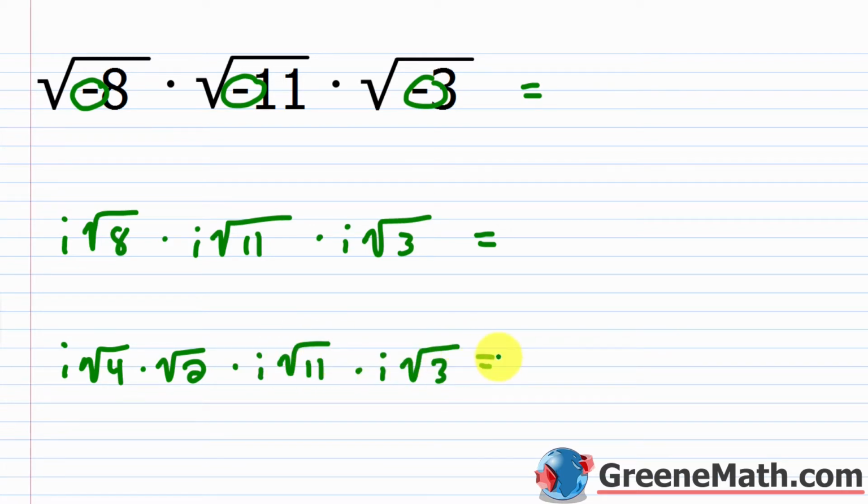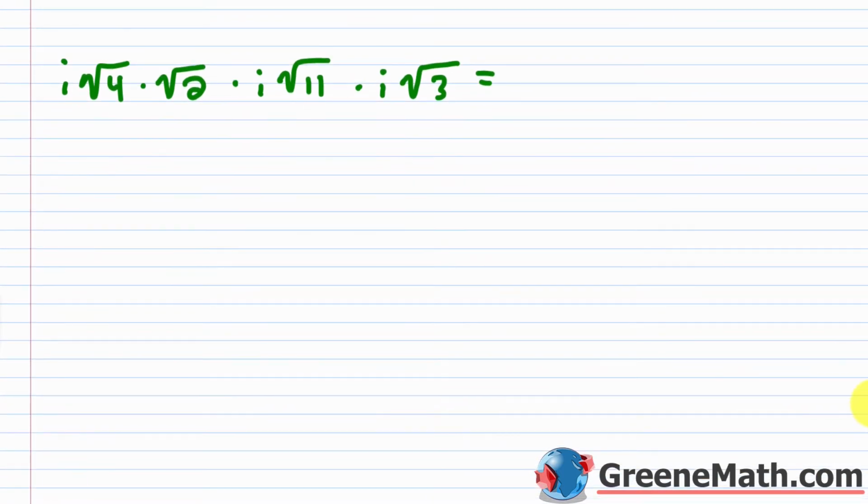Okay? So essentially, we know at this point that the square root of 4 is 2. So I'm going to say I have 2 times i times i times i, which is i cubed. And then you're going to have square root of 2 times square root of 11 is square root of 22. Square root of 22 times square root of 3 is square root of 66. Now, I can simplify i cubed. And we'll talk more about this in another lesson.